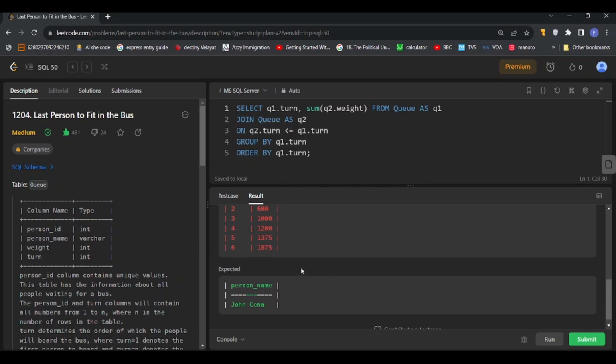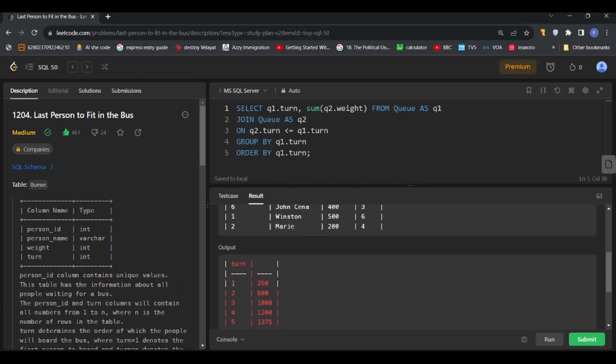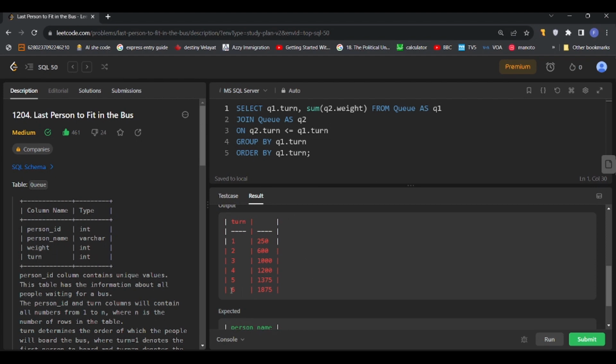Okay, what did we do so far? All the people that come before person with turn number 6, including himself or herself, the weight of them is 1,875, probably pounds. And for person number 1, it's 250. Person number 1 and 2 together weigh 600.